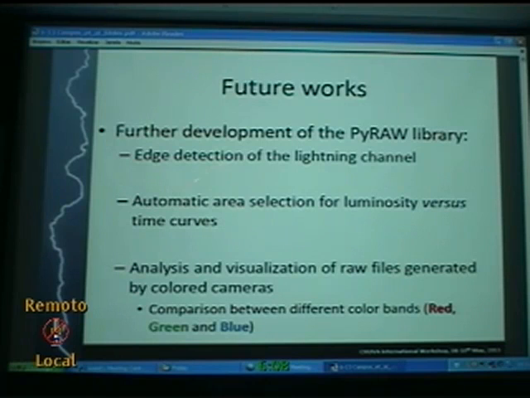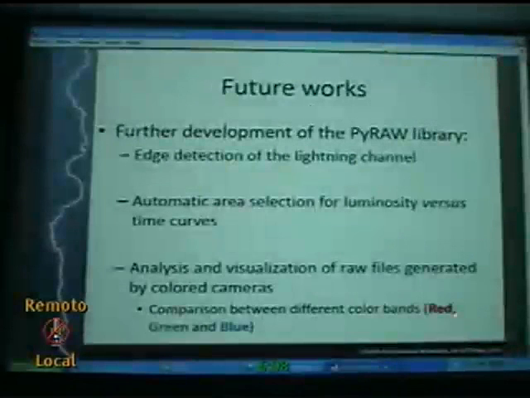We also want to have an automatic area selection for those luminosity versus time curves, and also analyze and visualize the raw files that are generated by the colored cameras, which did not operate during the Chuva campaign, but we had them in the 2013 summer.